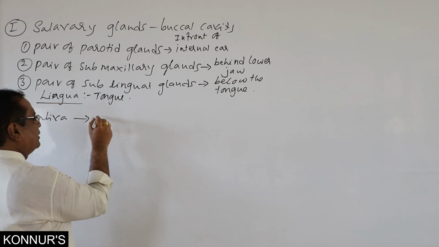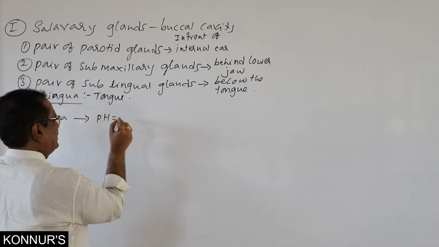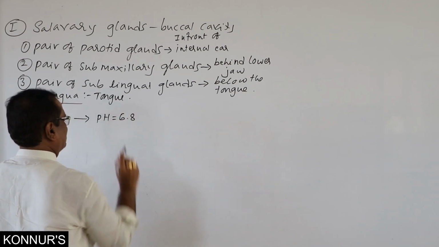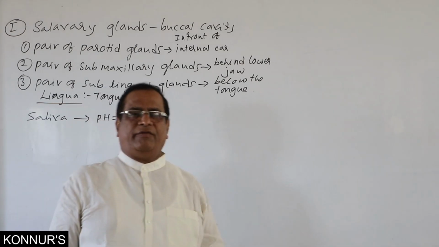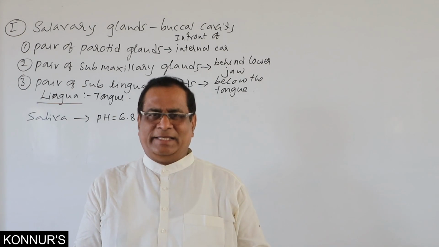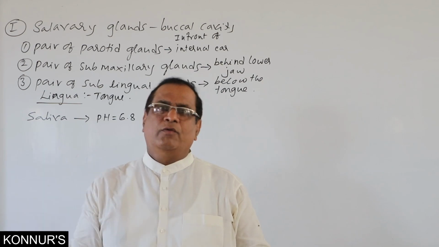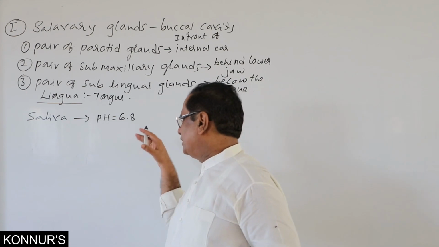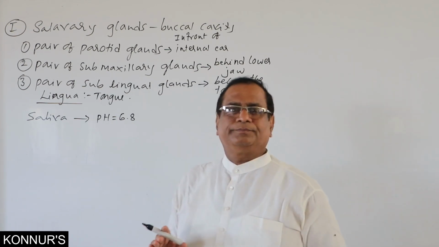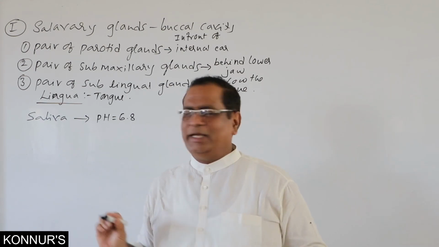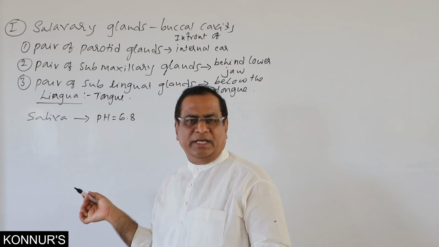You should remember its pH is 6.8. You know that if the pH is from 0 to below 7 it is acidic, 7 is neutral, and above 7 to 14 is alkaline. It is 6.8. Sometimes they don't give the pH of saliva as 6.8.